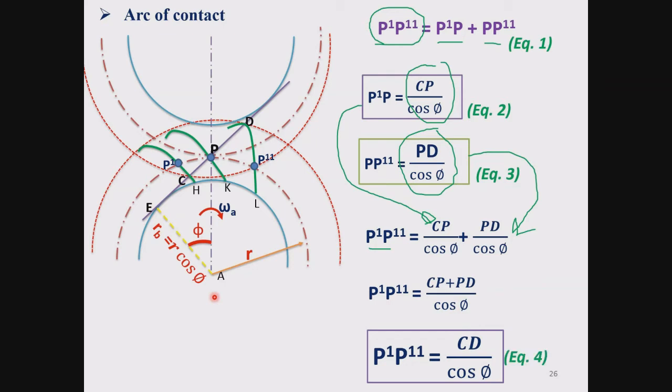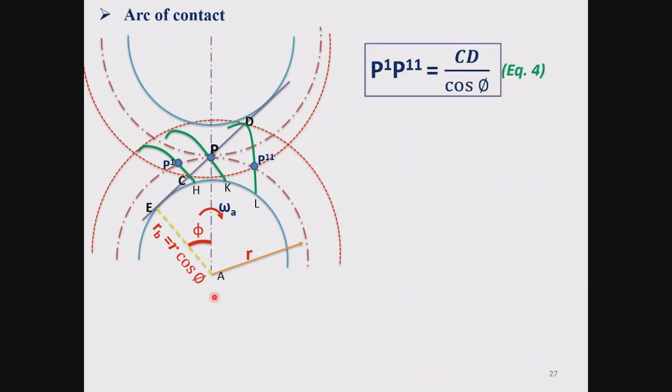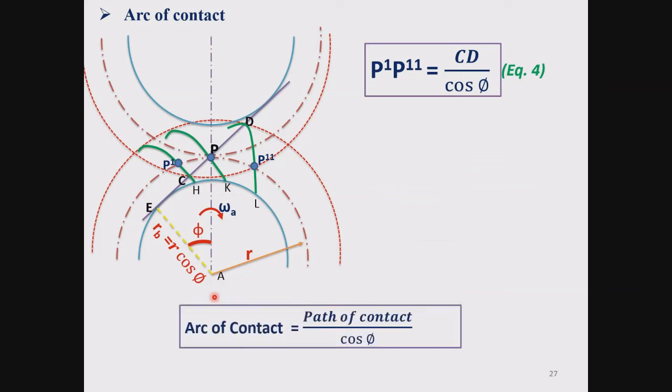Call this equation number 4. What is that? Arc of contact P dash P double dash is equal to path of contact CD upon cos of phi.